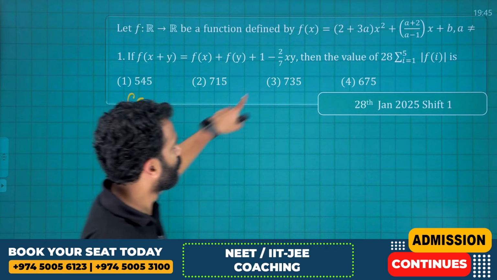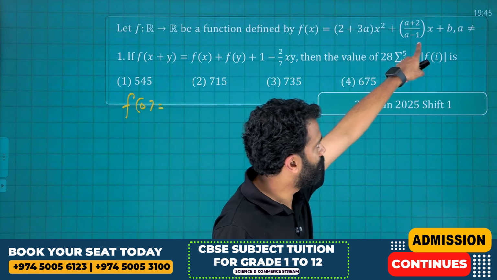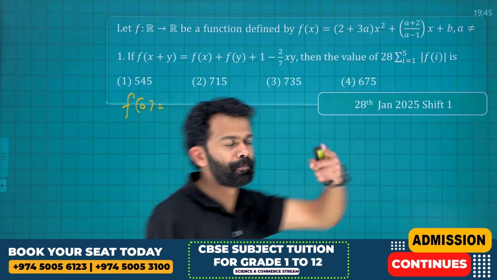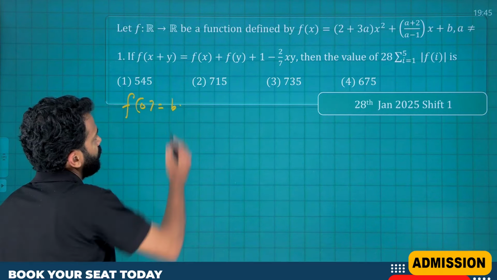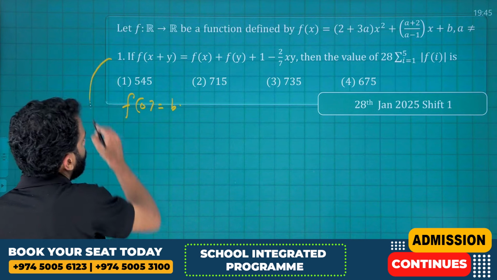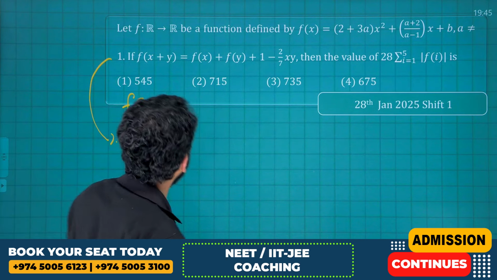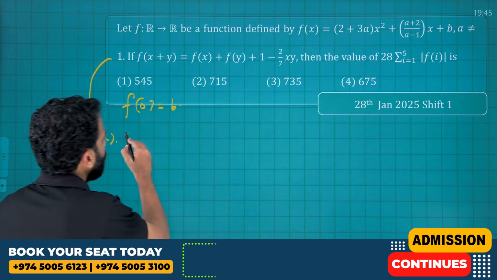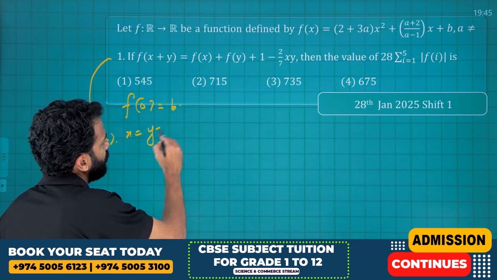What is f of 0? This will get cancelled, this will also get cancelled, and b. Okay, f of 0 is equal to b. So, in this one, I am substituting x is equal to y is equal to 0.